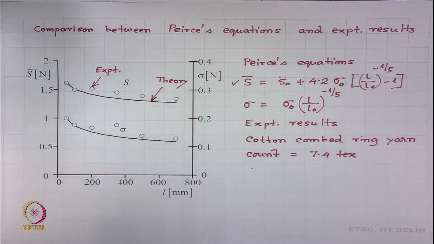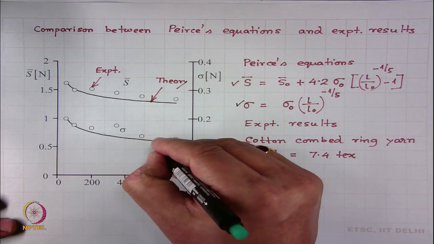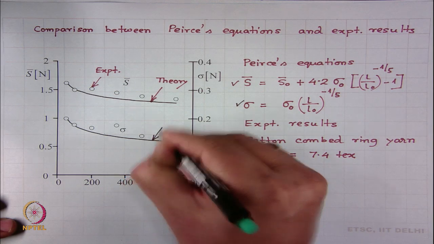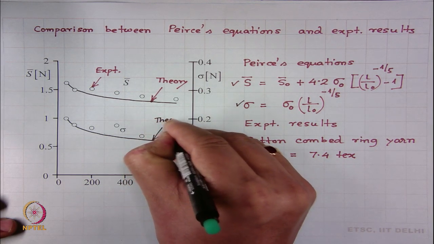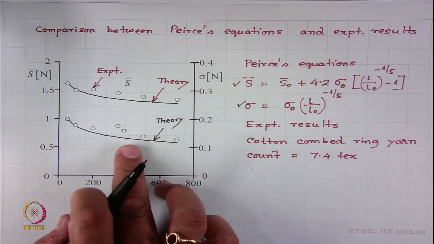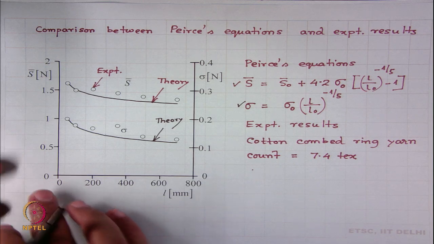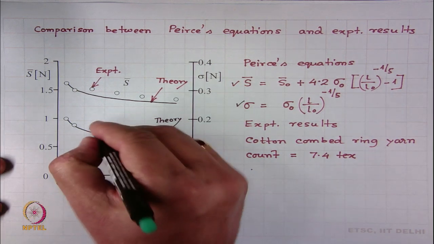And this equation is plotted here at the bottom. The small circles here denote the standard deviation of yarn strength at different gauge lengths.